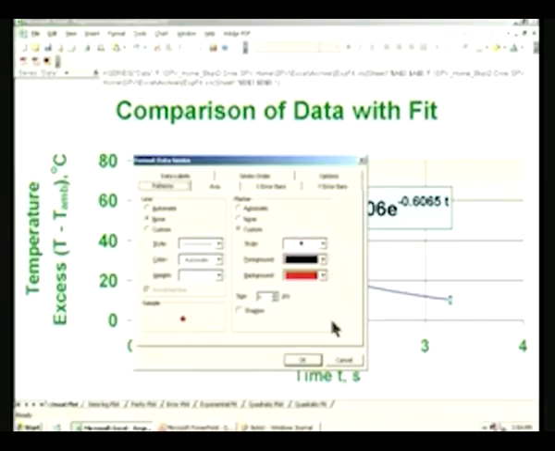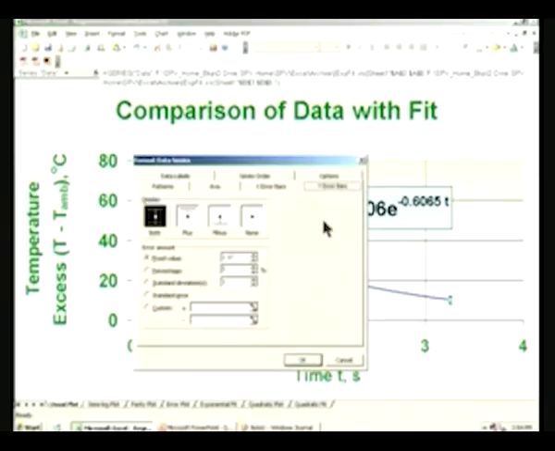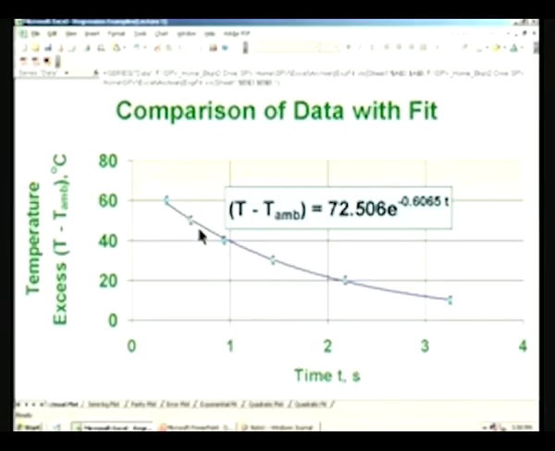format data series, I have an option for giving the error bar. What I have done is that I have written 1.87 here in this option, so that it will give a bar like what is shown here, and that is what you see here.